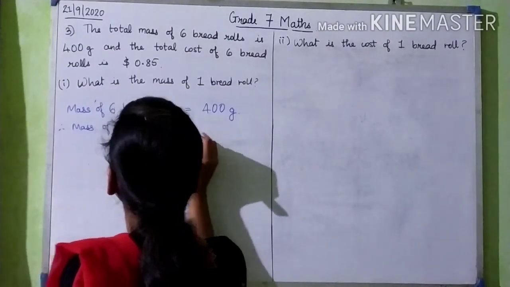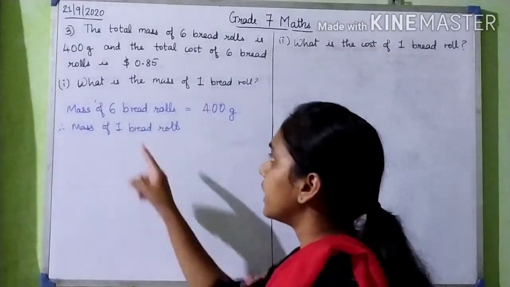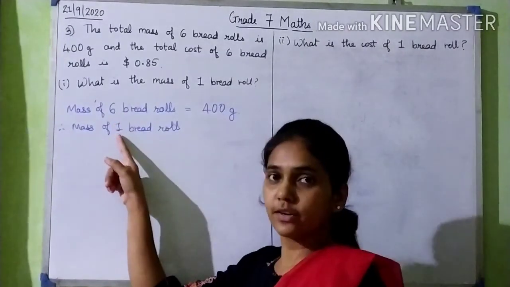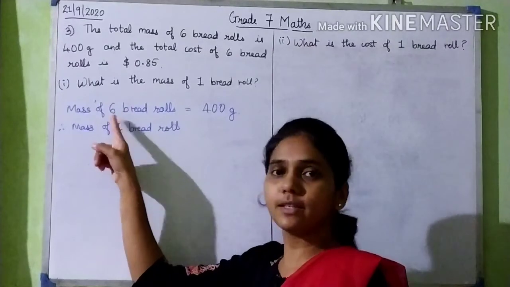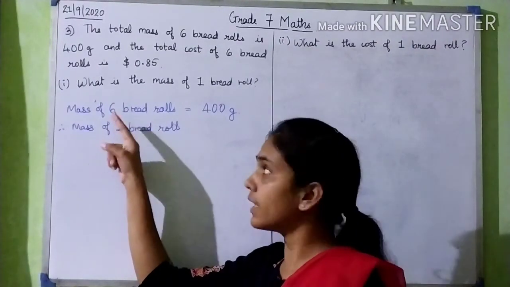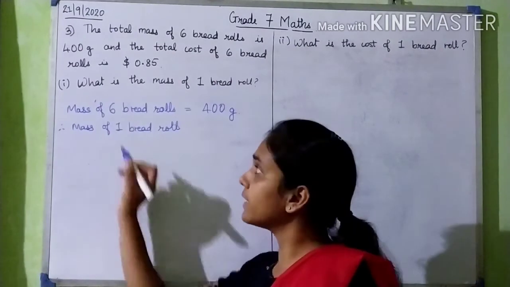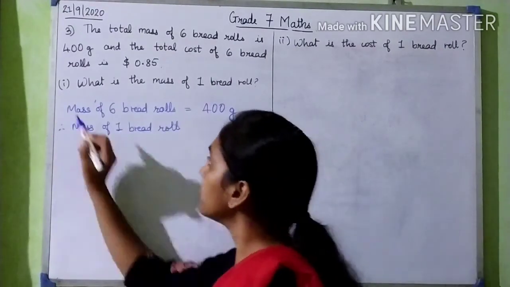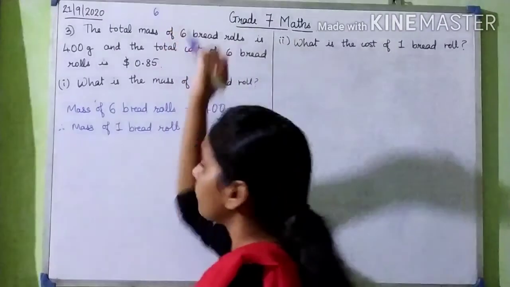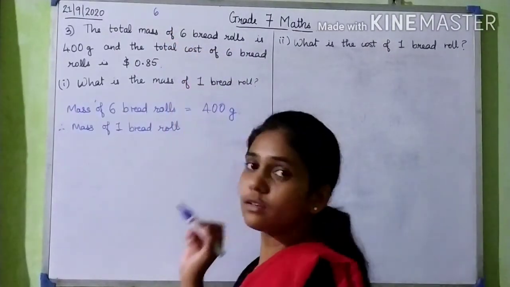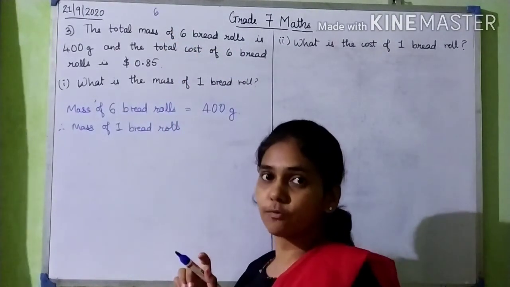See, in place of 6 I have written 1 here. That means the number given was 6, and now I have to write the number 1 in place of it.